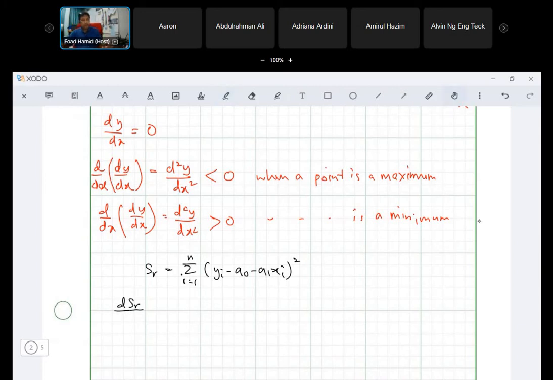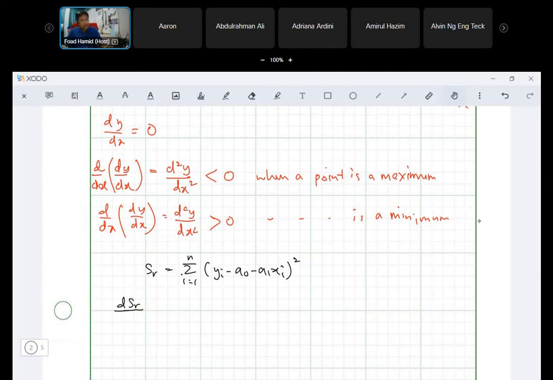With respect to what? Note that our xi and our yi are the values that we get when we do the experiment. So basically, xi and yi are constant values for our experiment. Okay? And what we have is just two variables, a0 and a1.